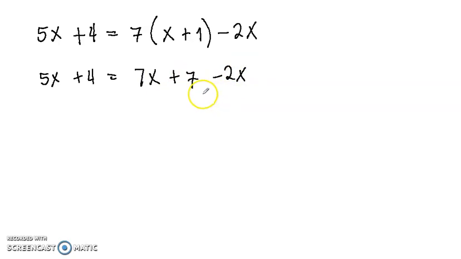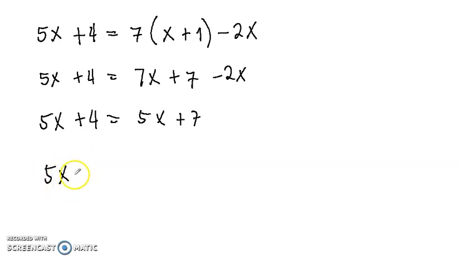Then after that, we have to solve for 7x minus 2x. So 5x plus 4 equals 5x plus 7, because 7x minus 2x is equal to 5x. Then we will get 5x minus 5x equal to 7 minus 4.